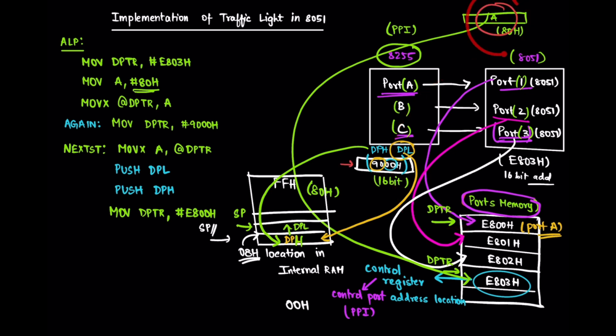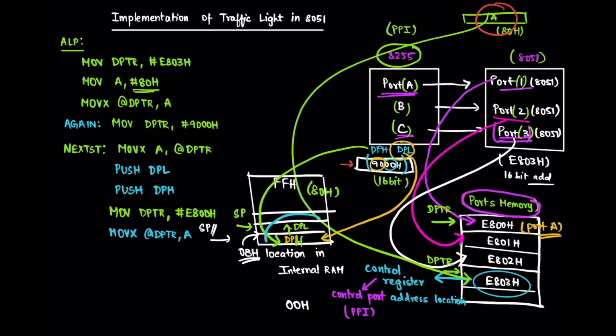So now I'm going to make the value present in the accumulator come into E800H, which is the location pointed to by DPTR. For that I have to write MOVX @DPTR, A. So from A I am getting the value to E800H.